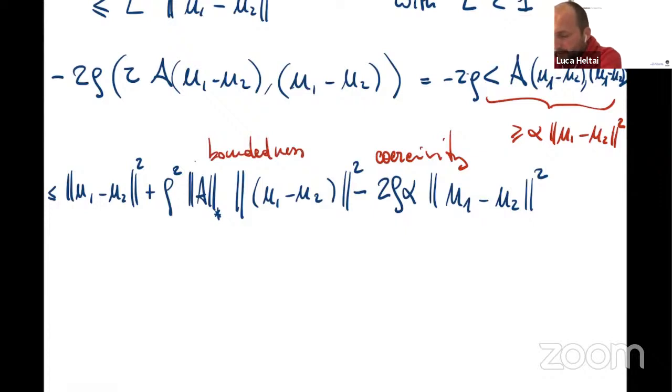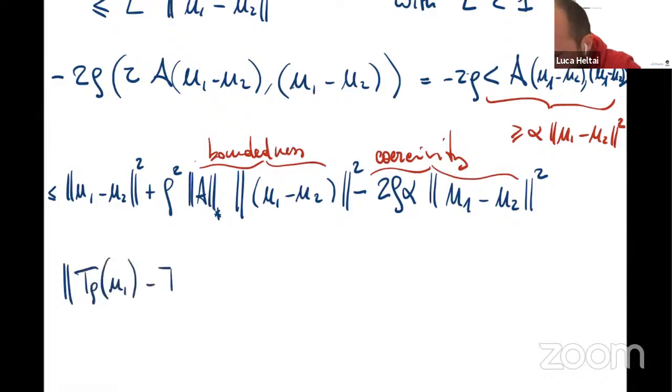So we have boundedness here and coercivity used here, and what we have obtained is basically that if you rewrite this from scratch from the beginning, this is tau rho of U1 minus tau rho of U2 squared is smaller or equal.